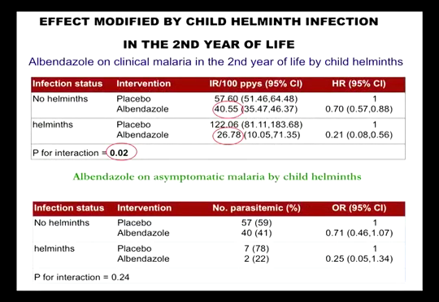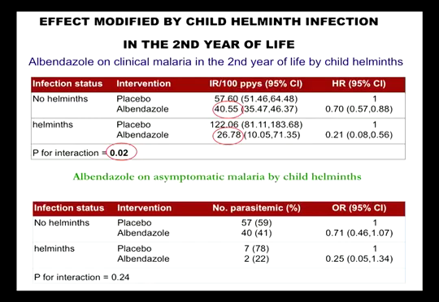Having collected data on childhood helminths, I did another subgroup analysis to find out whether the effect of albendazole that seemed to be greatest in the second year was modified by the childhood helminth infections in the second year. This table shows the association between albendazole and clinical malaria in the second year of life by the child helminths.